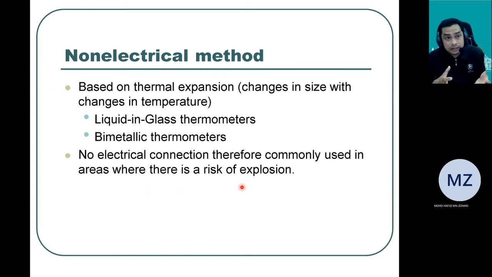Basically, electrical sensors can create a spark and have a risk of fire and explosion. So that's why they come with the non-electrical method, which is very safe for areas that have a risk of explosion.